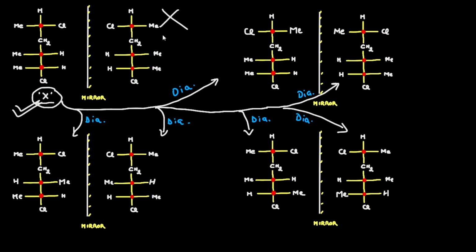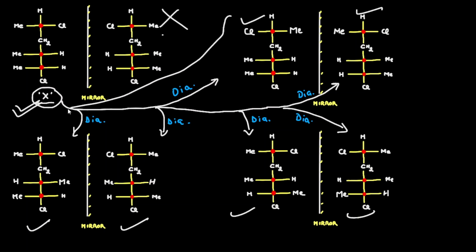So if you leave this, the number of diastereomers then will be 1, 2, 3, 4, 5 and 6, because all these 6 are neither the mirror image of X and also at the same time they are stereoisomers.